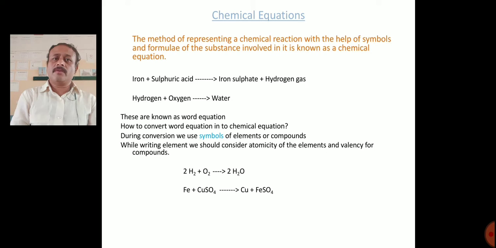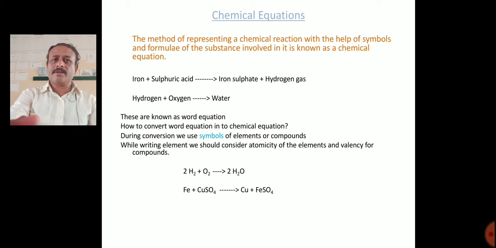While writing the symbol of an element, we should consider the atomicity of that element, and secondly, we have to consider the valency for the compounds, right?